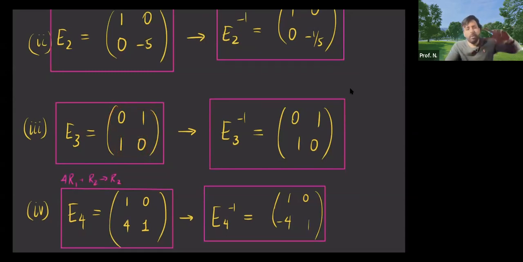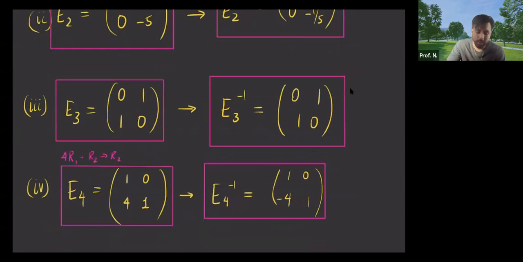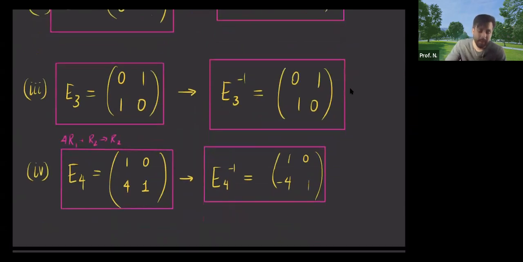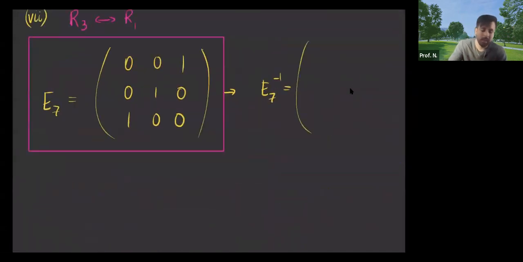So if I swap rows 1 and 2 and I swap rows 1 and 2 again, I get the identity matrix. So that's why for this one, it's going to be the exact same thing. If I swap rows 1 and 3 together and then I do it one more time, I get the identity, which means that the inverse is itself. So 0, 0, 1, 0, 1, 0, 1, 0, 0.